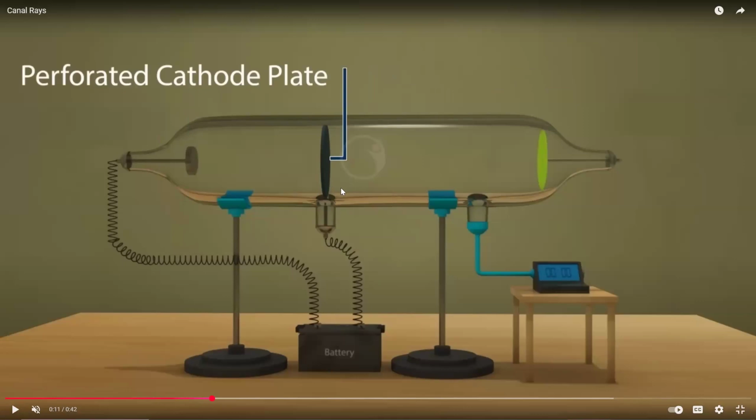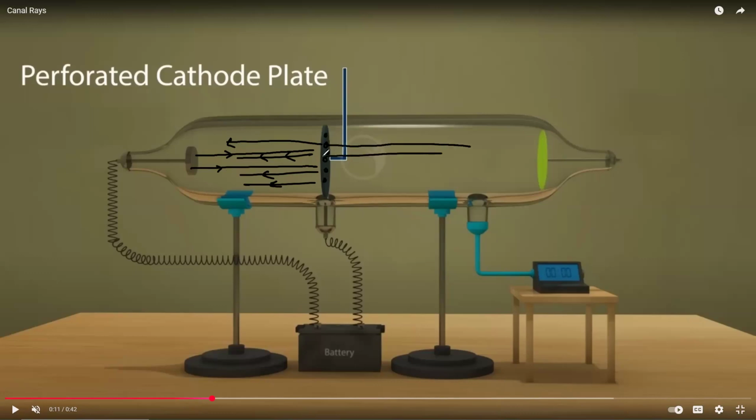When the high voltage current is passed through it, we see that not only are particles moving from the negatively charged rod, like in the previous cathode ray experiment, but there are also particles moving in the opposite direction from the positively charged anode, and they penetrate because the perforated cathode has holes, so they come through it.